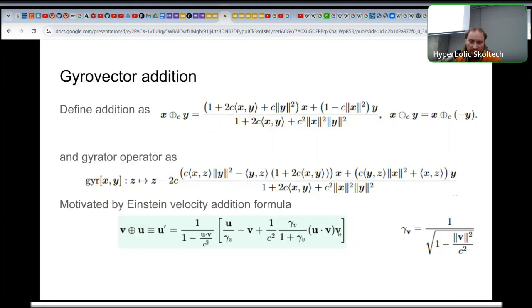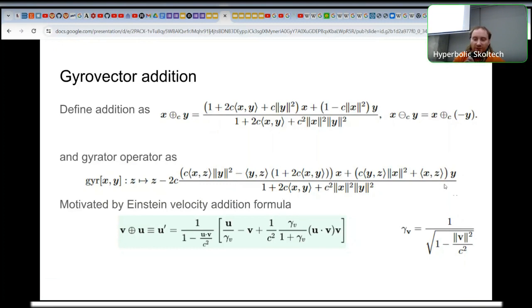Actually, I just decided to copy these formulas from an article devoted to hyperbolic neural networks, not from Ungar's articles. So this is hopefully for the Klein model, but Ungar's formulas are definitely about the Klein model.